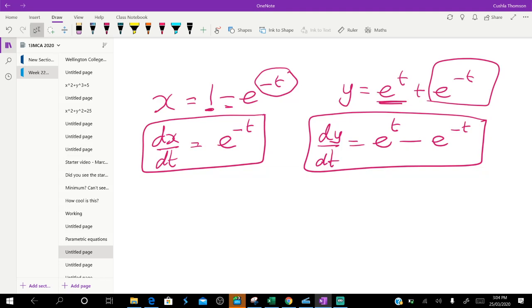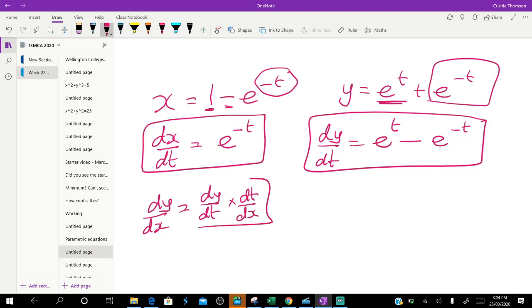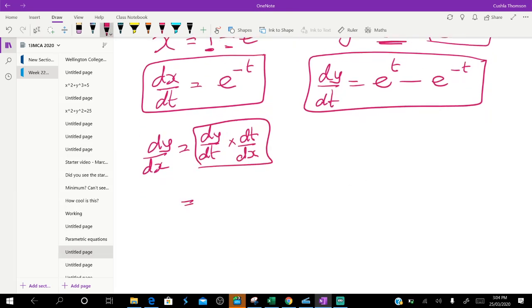Okay? So, what have I got to do now? Well, dy by dx is equal to dy by dt times dt by dx. Now, that's the chain rule written out nicely, but we pretty quickly stopped doing that because we noticed that that means it's this, dy by dt divided by dx by dt. And often you'll see books shorten it like this, and I hate this, but I've kind of started doing it.